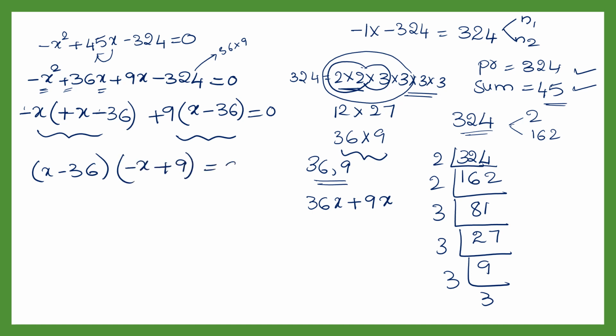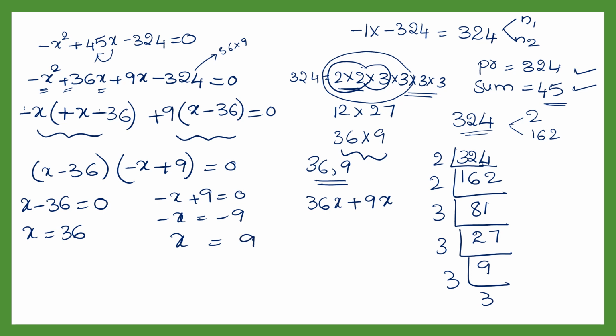Now, we got the factors of the quadratic equation. We need to find the value of x. That means roots: x minus 36 is equal to 0, x is equal to 36. Next, minus x plus 9 is equal to 0, minus x is equal to minus 9, x is equal to 9.